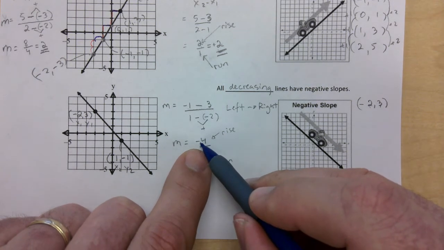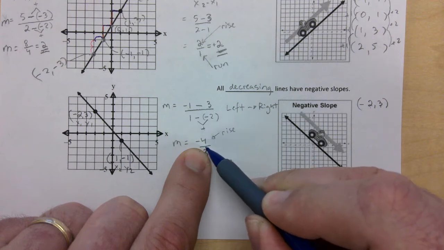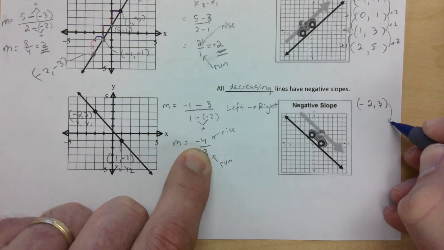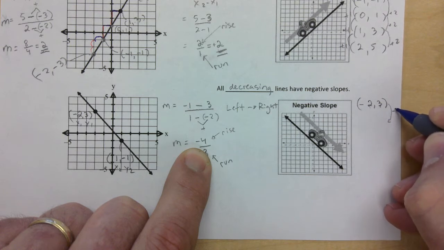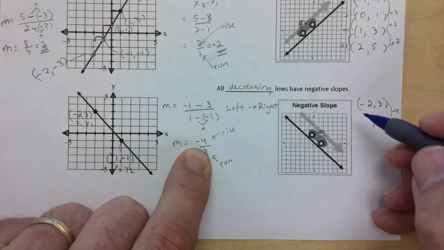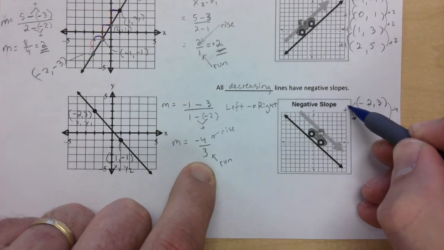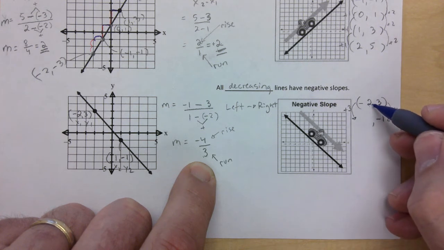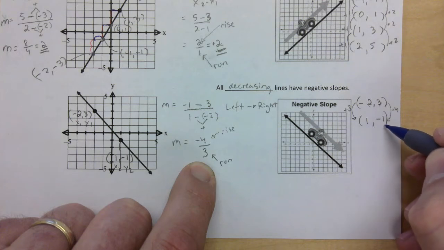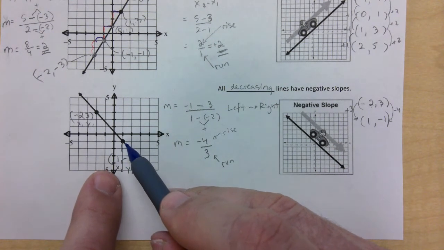And notice what the sign is. I always make the sign float up, and then you can't go wrong. So if the rise is -4, that means that from here to your next point, you'll have to go -4. So 3 minus 4 is -1. And the run is +3 here. So -2 plus 3 is 1. That's another point.